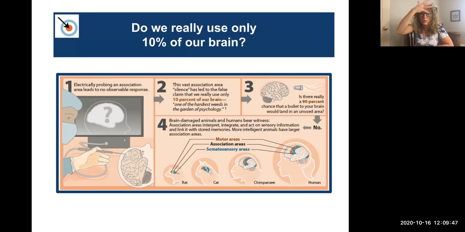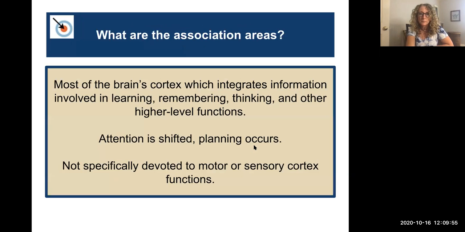But notice there was a lot of the frontal lobe that's still left over, and that is called the association area. Most of the brain's cortex, which integrates information involving learning, remembering, thinking, and other higher level functions, is what we would recognize as being part of the association areas.